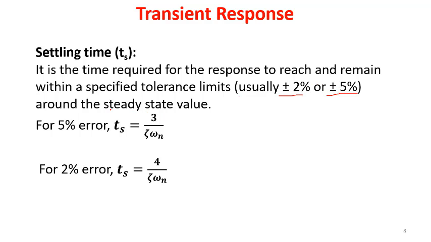So around the steady state value, plus or minus 2% is treated as our settling time band. For 5% error, TS is equal to 3 divided by zeta into omega n, and for 2% error, TS is equal to 4 divided by zeta into omega n.